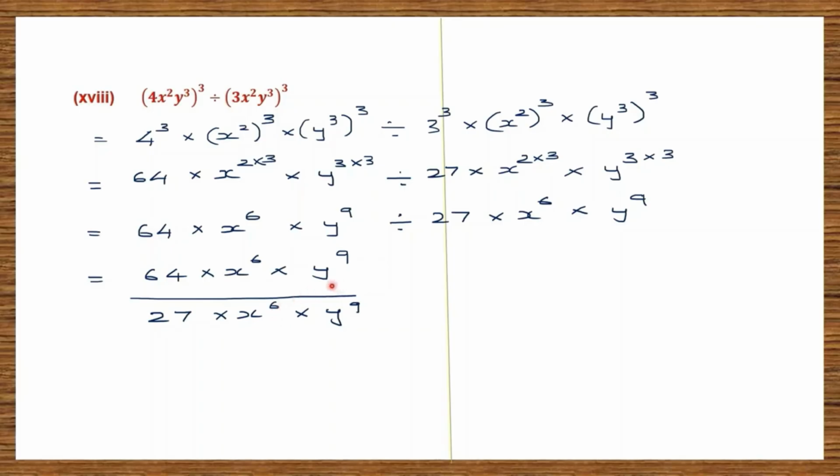Here also we have y to the power of 9 minus 9, which is y to the power of 0, which is 1. Or you can simply cancel x to the power of 6 with x to the power of 6, and y to the power of 9 with y to the power of 9. So what we have here is 64 by 27. So this is the only thing left, and this is our answer.